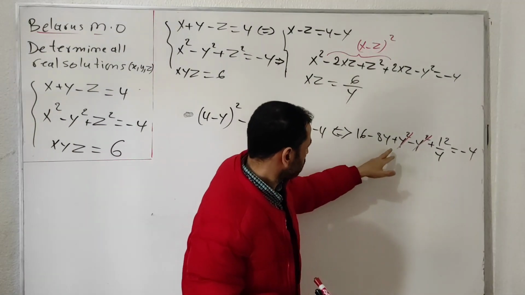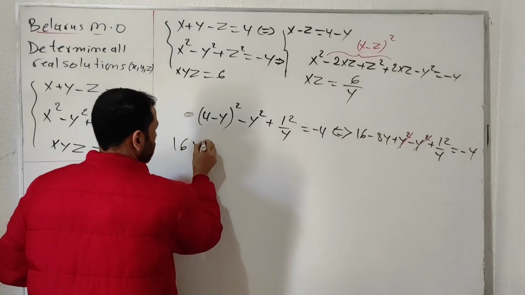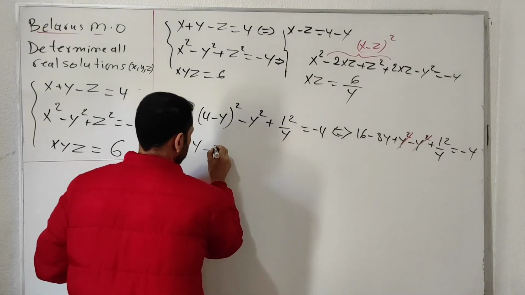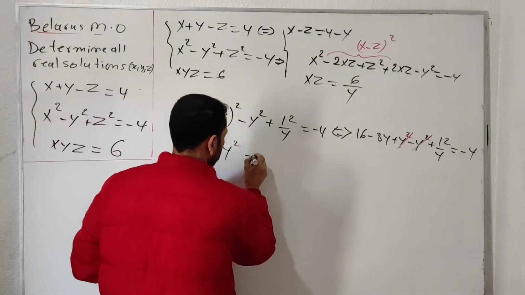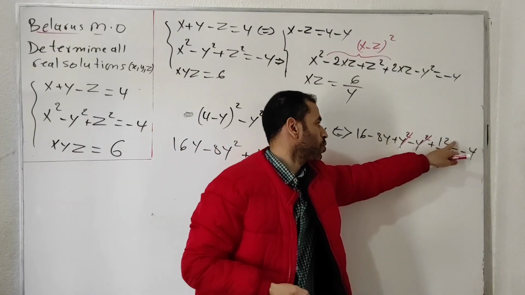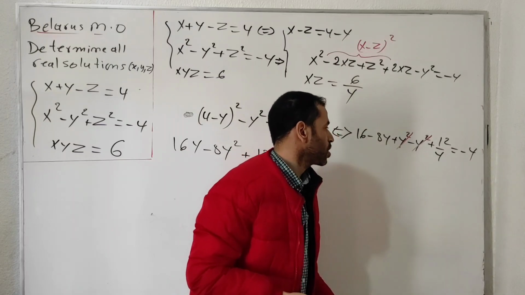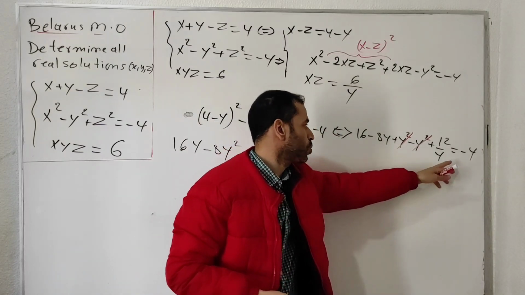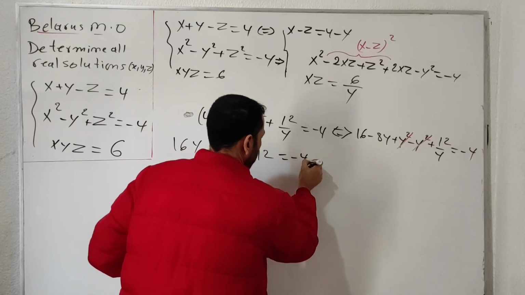So I will get here 16y, and the next term becomes minus 8y squared as I'm multiplying by y. The other one becomes 12; originally it was multiplied by 1 because we have y as a denominator. For the right-hand side, I'm going to multiply both sides by y, and I get equals minus 4y.